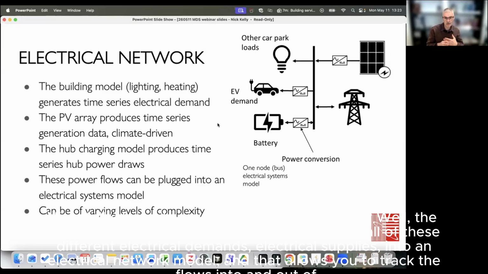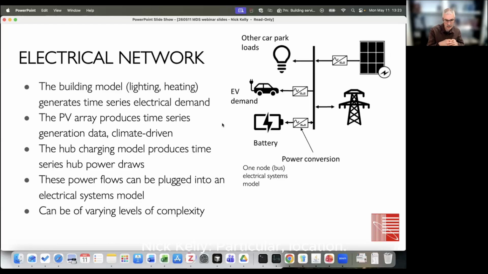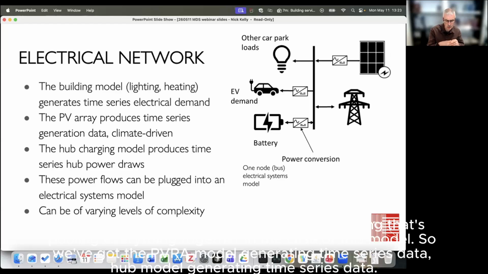Well, the obvious way to pull all of it together is to plug all of these different electrical demands and electrical supplies into an electrical network model, and that allows you to track the flows into and out of a particular location. So the electrical network is the thing that's pulling everything together in the case of this model.